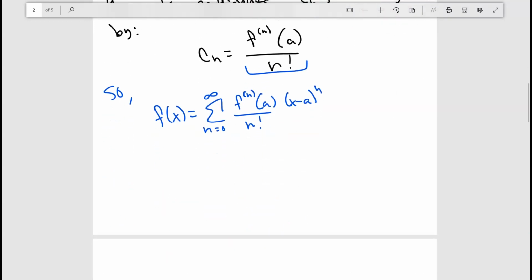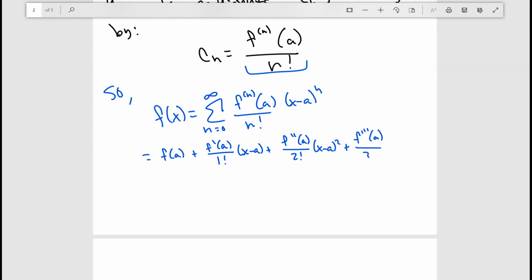And if I were to expand this, what I'm going to get is f of a, plus f prime of a over 1 factorial times (x minus a), plus f double prime of a over 2 factorial times (x minus a) squared, plus f triple prime of a divided by 3 factorial times (x minus a) to the third, plus so on and so forth.